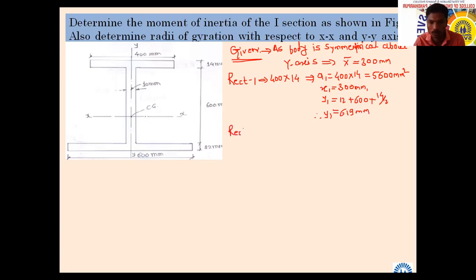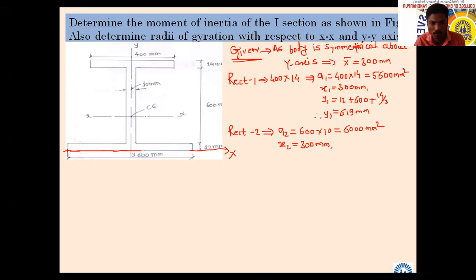Rectangle 2. What will be A2 for rectangle 2? 6000, that is 600 into 10. Very good, 6000 mm squared. X2 is 300. I don't know whether you are imagining how I am writing x and y.